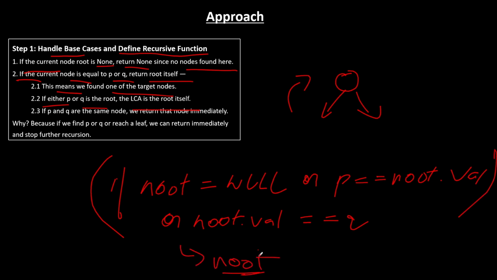If it is null, the root will be null. If it is equal to P, it will be P. If it is equal to Q, it will be Q. That's because if we find P or Q, or reach a leaf, we return immediately and stop further recursion. If you find a P here, why would we go further down?